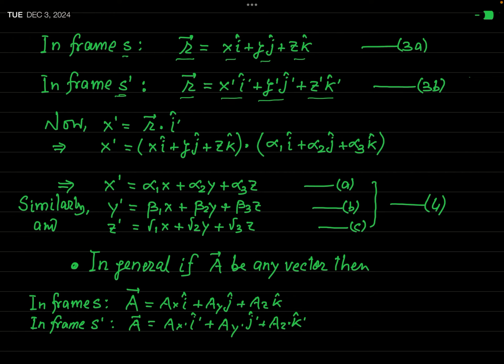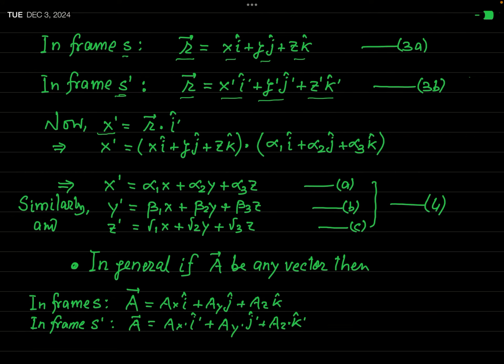Now, how can we find x prime? You know, if you want to find the x component of a vector, okay, what do you have to do? You have to find the scalar product of the vector with the unit vector in the x direction.